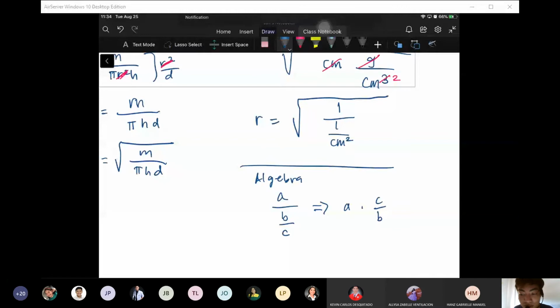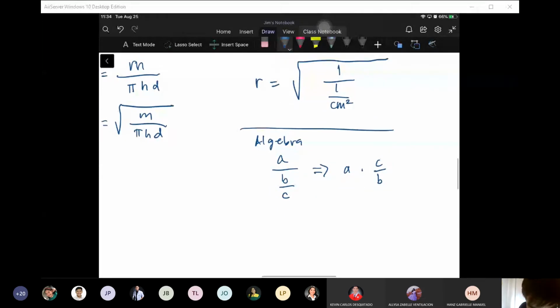So we're just going to get the reciprocal. Yes po. So ganun din dito. For example, another algebra, a over b over c over d, we can rewrite that as the numerator times the reciprocal of the denominator. So ganun ha. So basic algebra lang tayo.